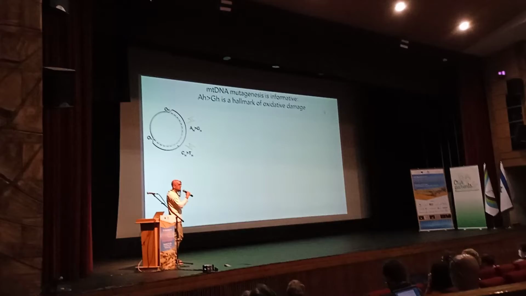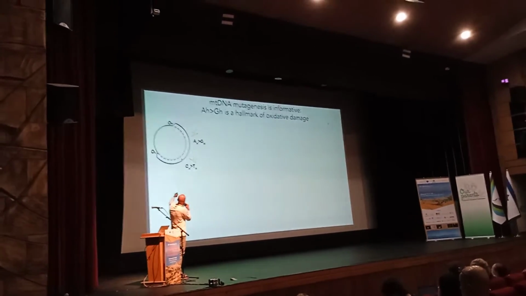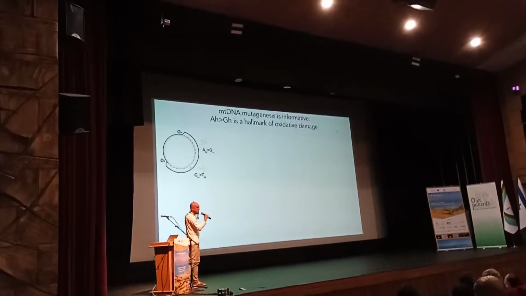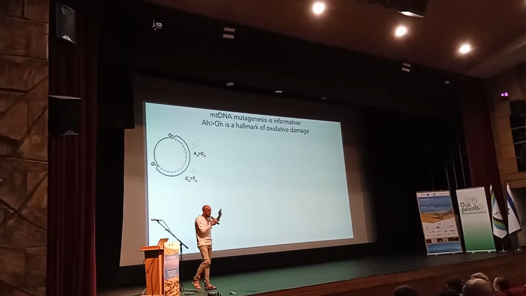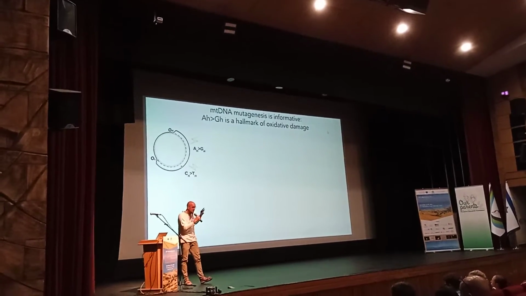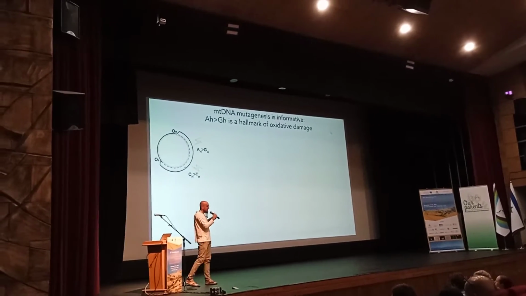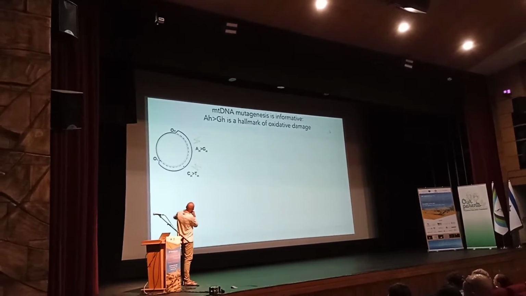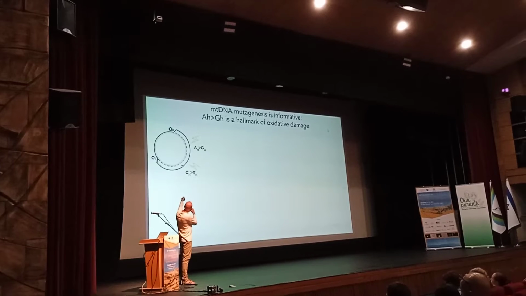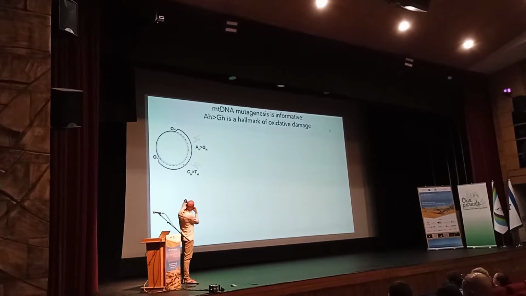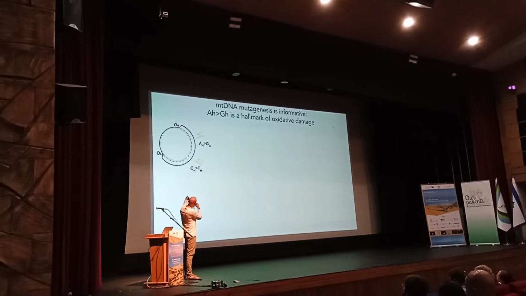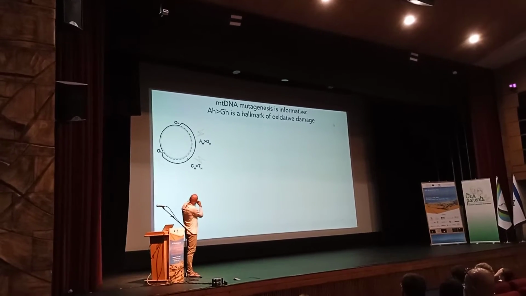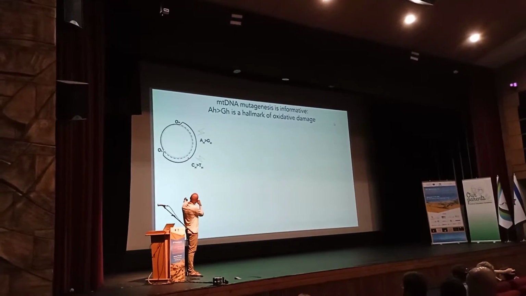I will remind you a little bit about mitochondrial replication. First, this circle is the mitochondrial genome. There are several mitochondrial genomes in each organelle, and hundreds or thousands of mitochondrial genomes per cell. It is important to remember that this replication is asymmetrical. It starts here, at the origin of heavy strand replication, and goes down to the origin of light strand replication.